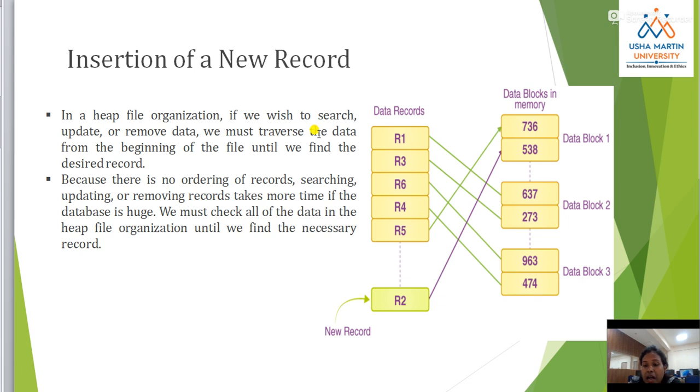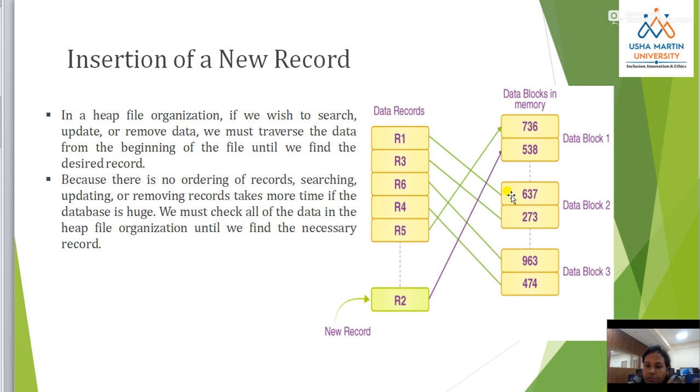If we have a large database, obviously storing the data is direct, but arranging or searching the data will take more time. We must check all the data in the heap file organization until we find the necessary record.